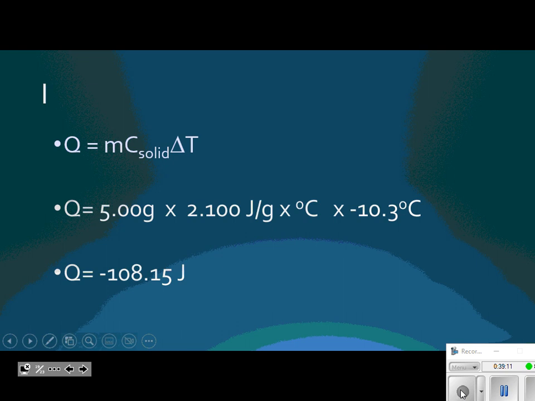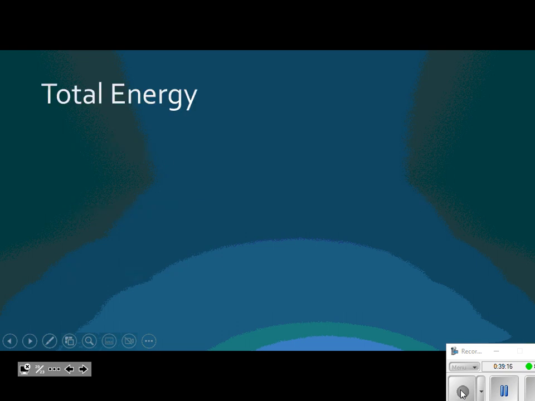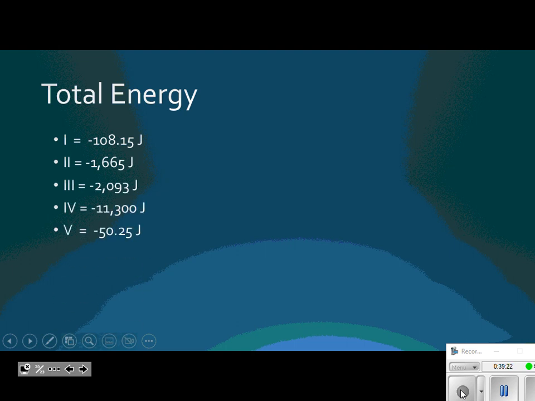So my final total energy is going to be taking all 5 of my areas and adding them up to give me a negative 15,216.4 joules, or negative 15.2164 kilojoules.